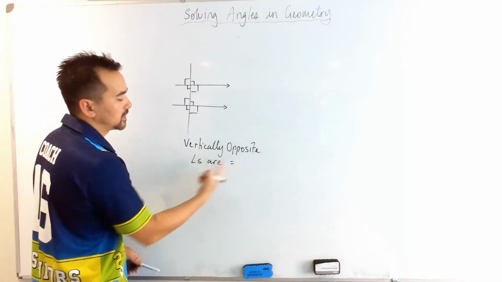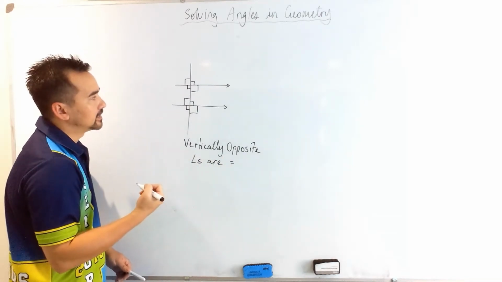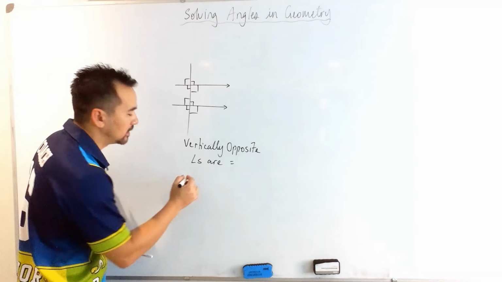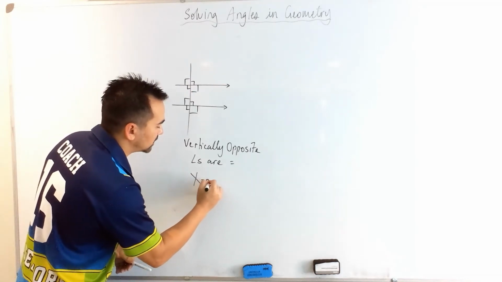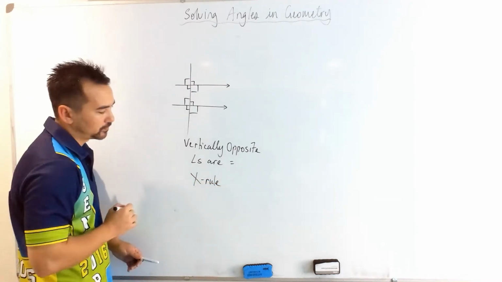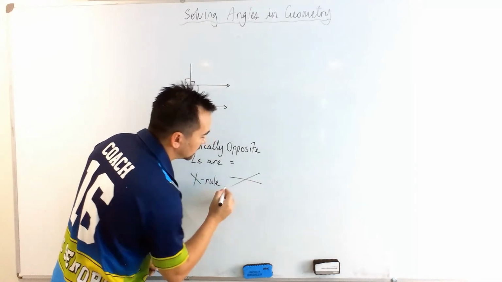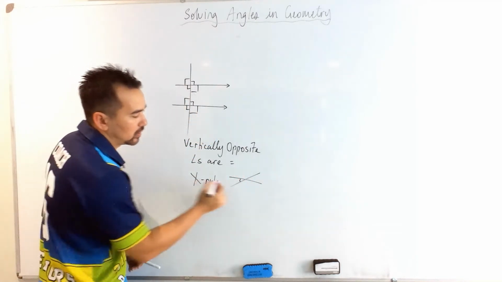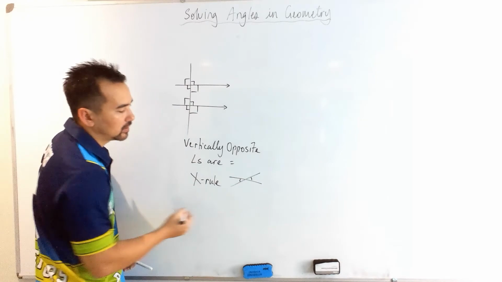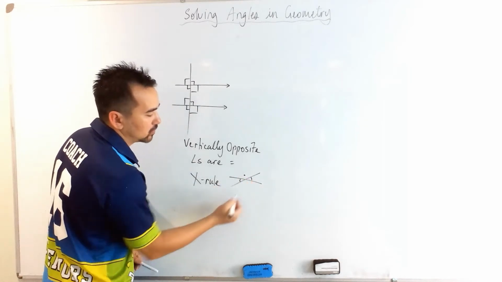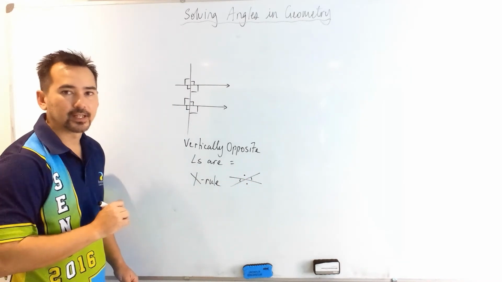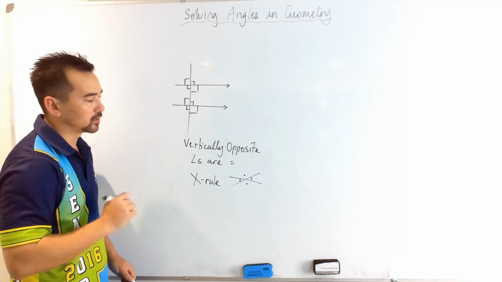The more common way of saying it is that this is the X rule. So the X rule says that an acute angle will match the vertically opposite acute angle, and an obtuse angle will match the vertically opposite obtuse angle.